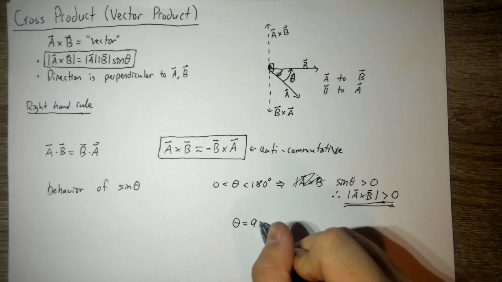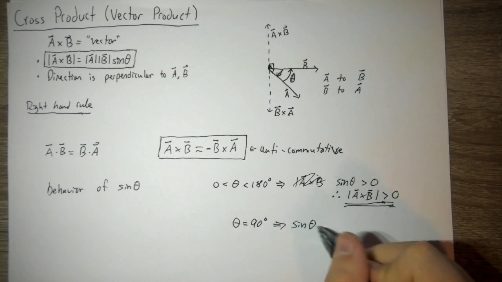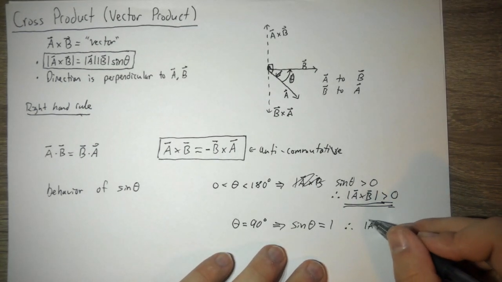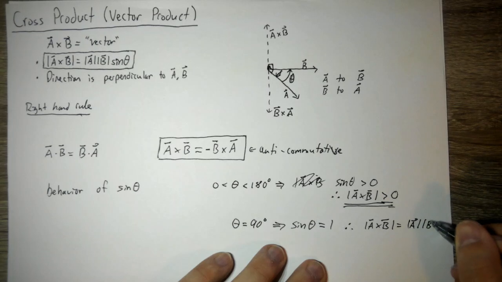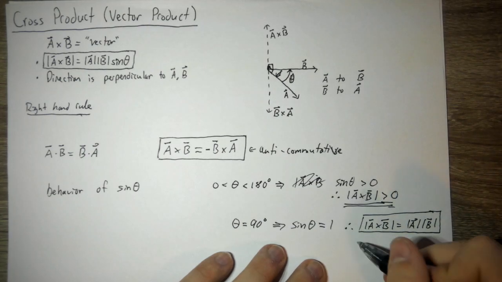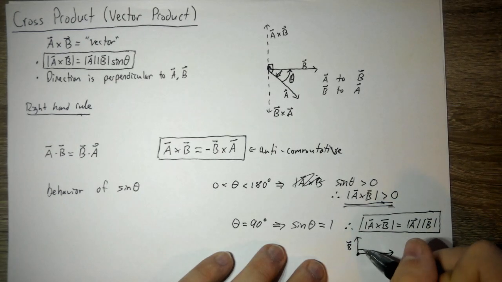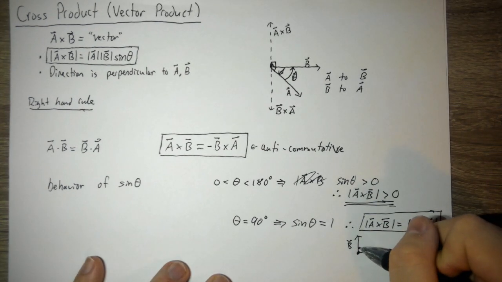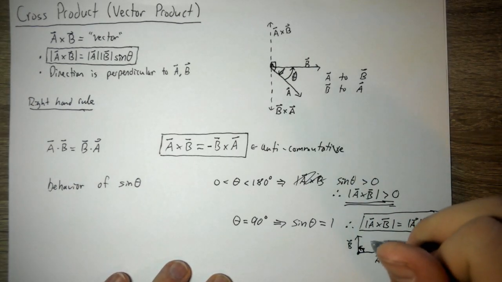What if theta is 90 degrees? If theta is 90 degrees, sine of theta is equal to 1. And therefore, the magnitude of A cross B is just the product of the individual magnitudes. That would be a situation where you've got A and B, and they're 90 degrees from one another. Basically we're looking down on this.